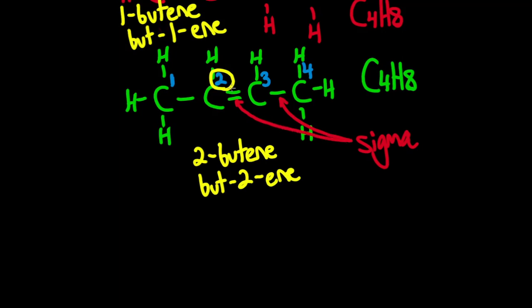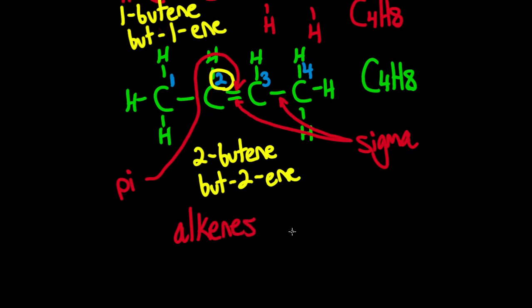Now, this second bond here, we're going to call it a pi bond. So all alkanes have sigma bonds. And really all alkenes do too. But only alkenes and alkynes, which is what we're going to talk about next, have pi bonds. And in alkenes, that double bond has a sigma plus a pi bond.